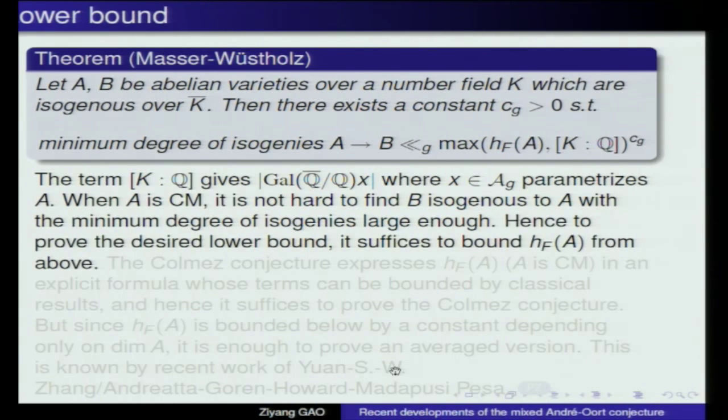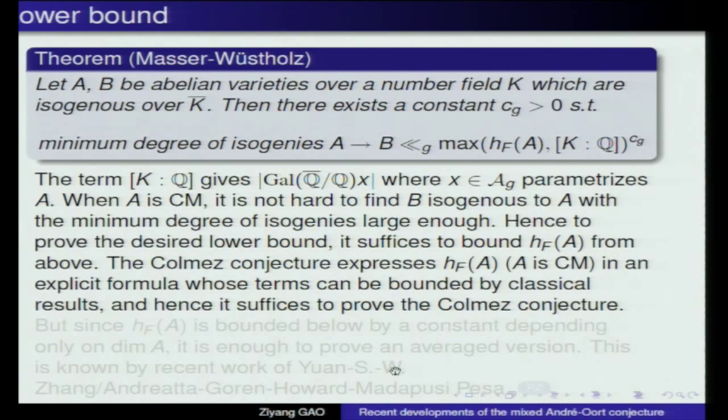And therefore, to prove the desired lower bound, it suffices to bound the Faltings height of A from above. And then the Colmez conjecture comes into the picture. The Colmez conjecture expresses, for a CM abelian variety, its Faltings height in an explicit formula whose terms can be bounded by classical results. And therefore it suffices to prove the Colmez conjecture, which is perhaps even harder than the conjecture before.